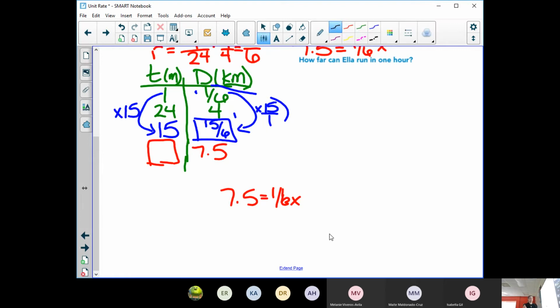So with this, to solve it, we want to get x by itself. 1/6 x is the same thing as taking 1/6 times x. So to get x by itself, we have to do the opposite operation. So what is the opposite operation of multiplication?